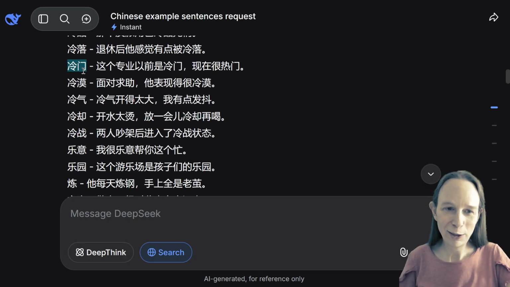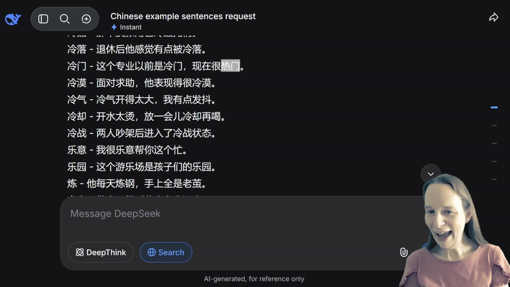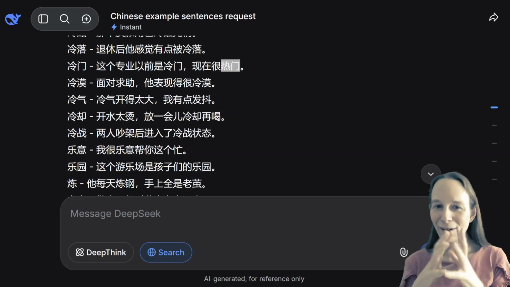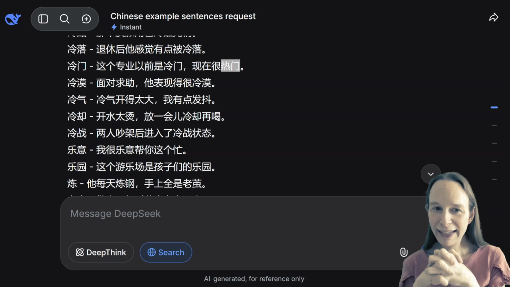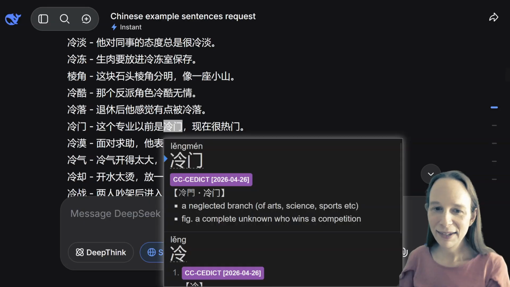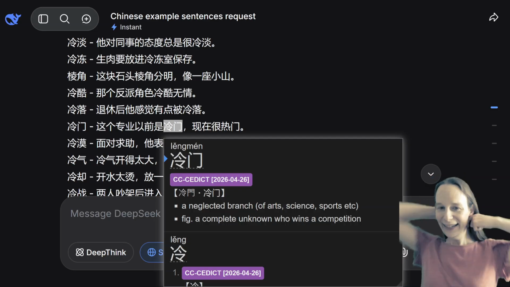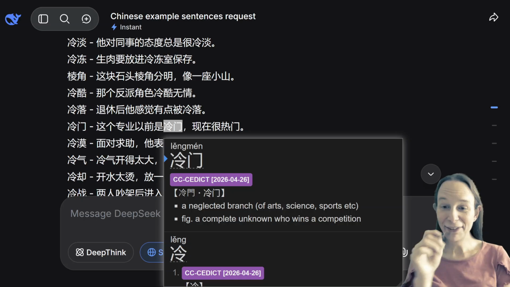冷门 cold door. Okay, 这个专业以前是冷门，现在很热门. Oh, okay. So 热门 is often used as an adjective to mean hot. 热门话题, 热门专业. So lots of people like talking about it. So 冷门 is the antonym. All right, neglected. Yeah, sometimes you want a neglected area of science if you're a scientist.